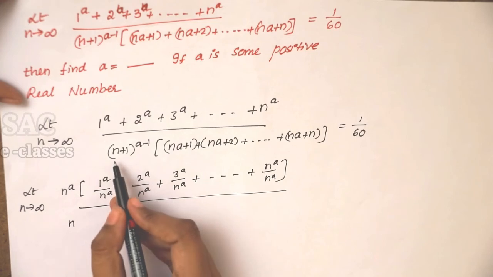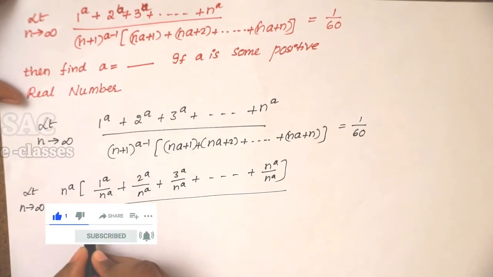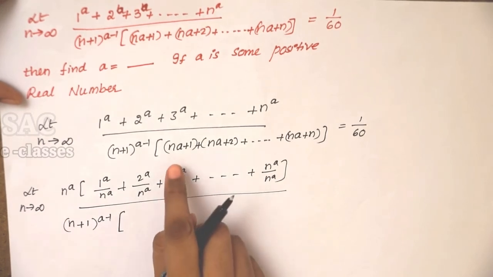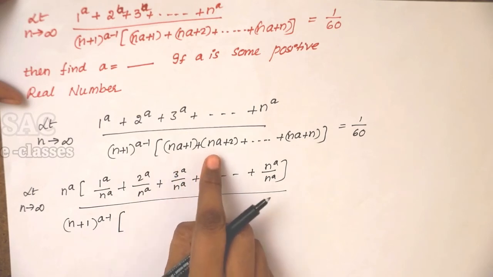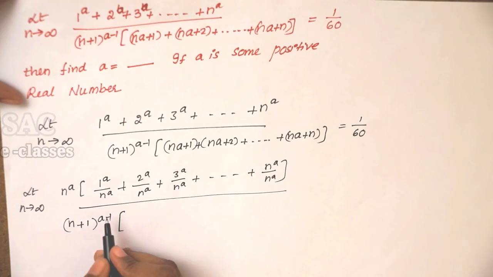Let us take it n power a minus n plus 1 whole power a minus 1 as like that only. Then na plus 1 plus na plus 2 and so on na plus n is given.